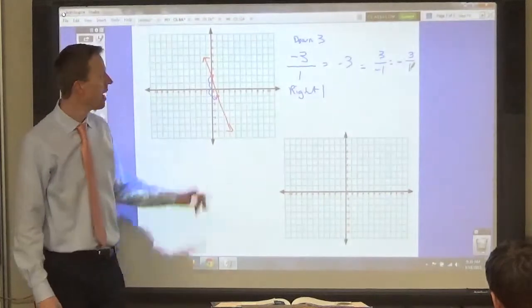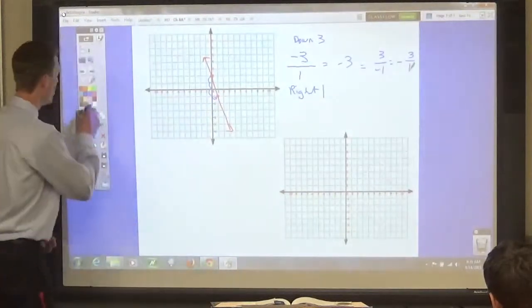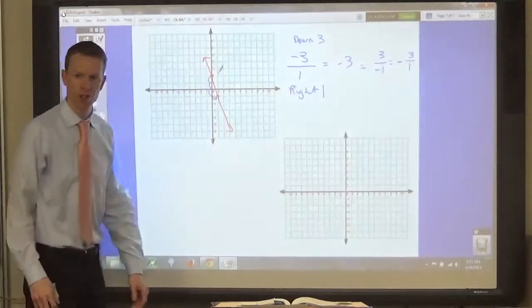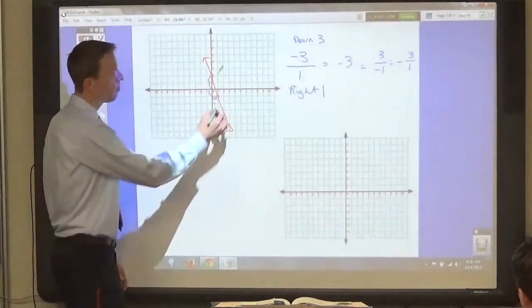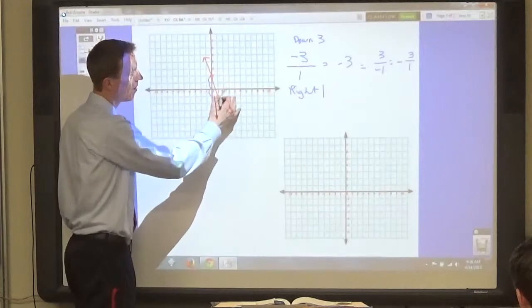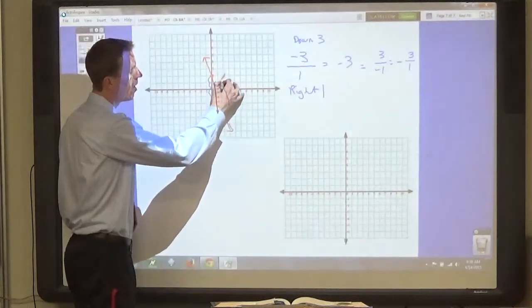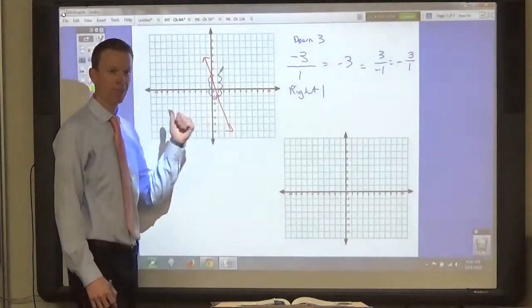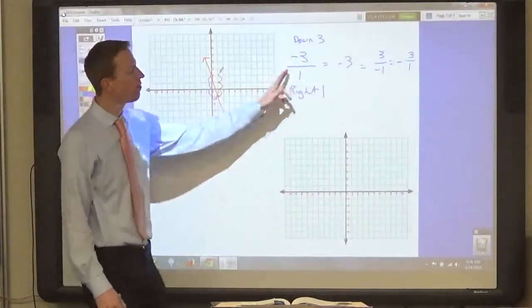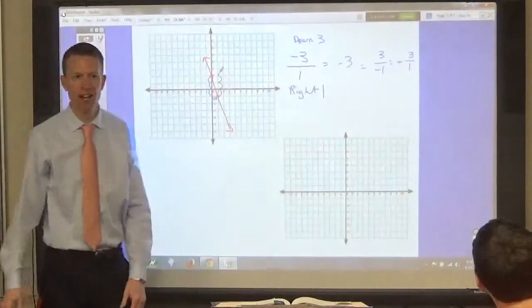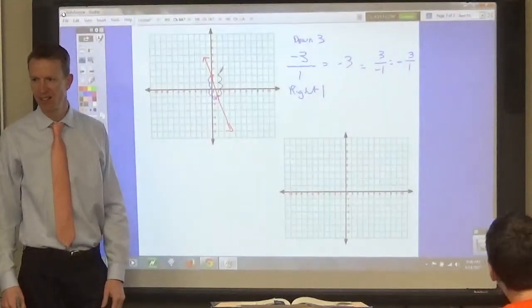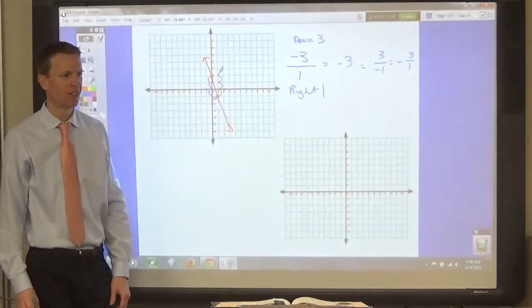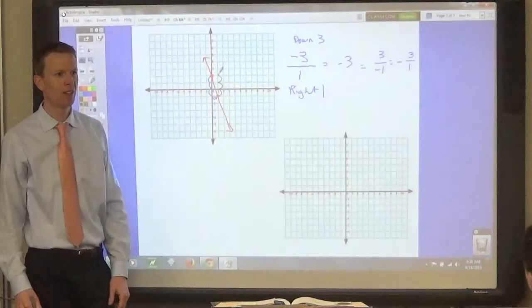Now, I showed you that because when you count, you might count up and over. So in other words, you might want to go from this dot to this dot. In that case, we'd count up 3 and then left 1. Which one of these shows us up 3 and left 1? Hunter?